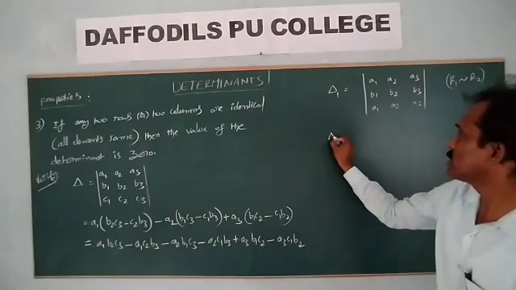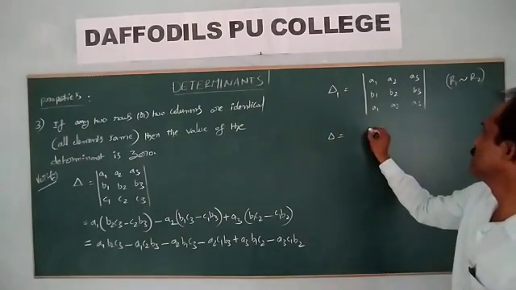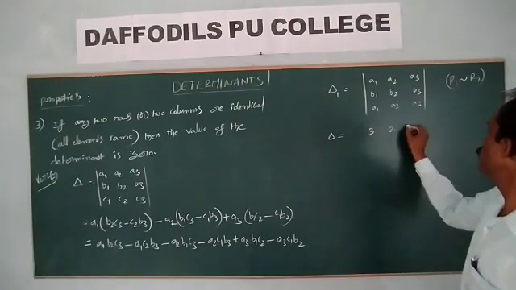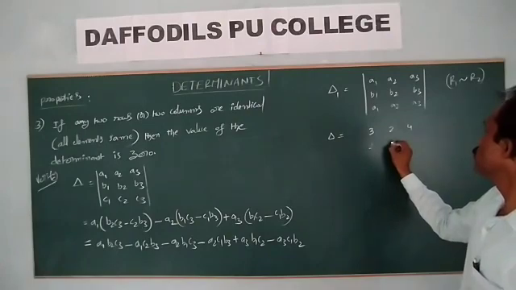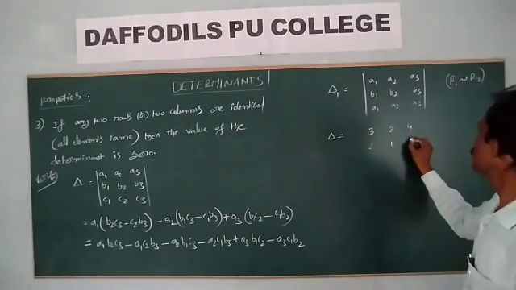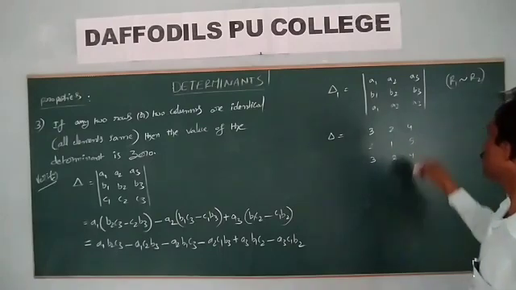For this I'll take numbers. I'll show with numbers: 3, 2, 4; 2, 1, 5; 3, 2, 4.